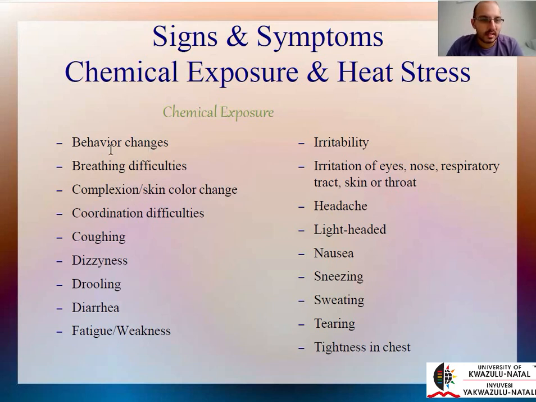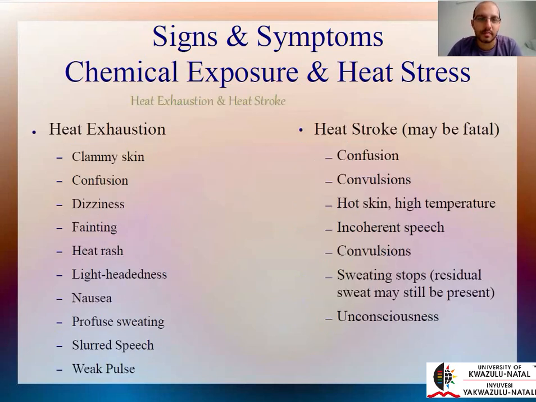This is something you can read on your own, but just to pick up a few: behavior changes. This is focusing on chemical exposure. Sure signs are things like breathing difficulties, coughing, dizziness, diarrhea, fatigue, weakness, lightheadedness, nausea, tearing, and tightness in the chest. Those are typically key features of chemical exposure to toxins.